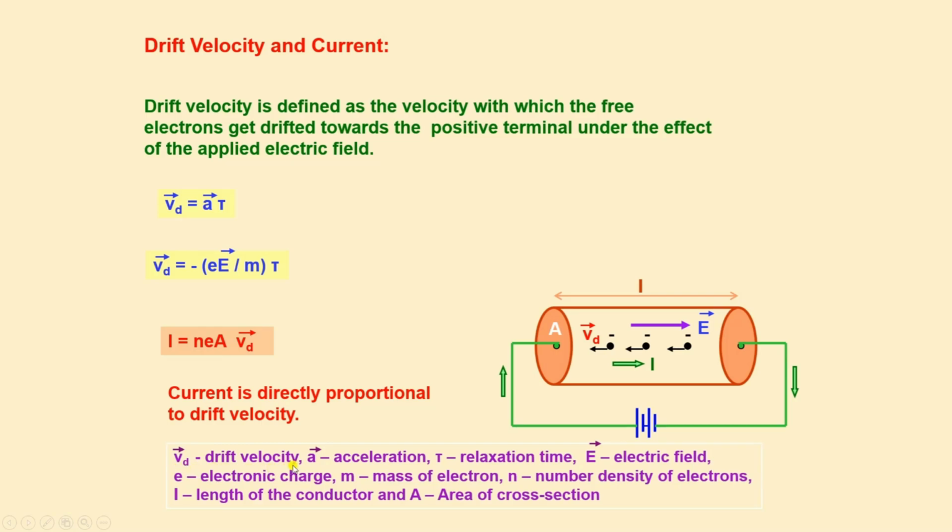Here Vd represents the drift velocity, a acceleration, t relaxation time, E electric field, small e the electronic charge, m the mass of the electron, small n the number density of electrons, L the length of the conductor, and A the area of cross section.